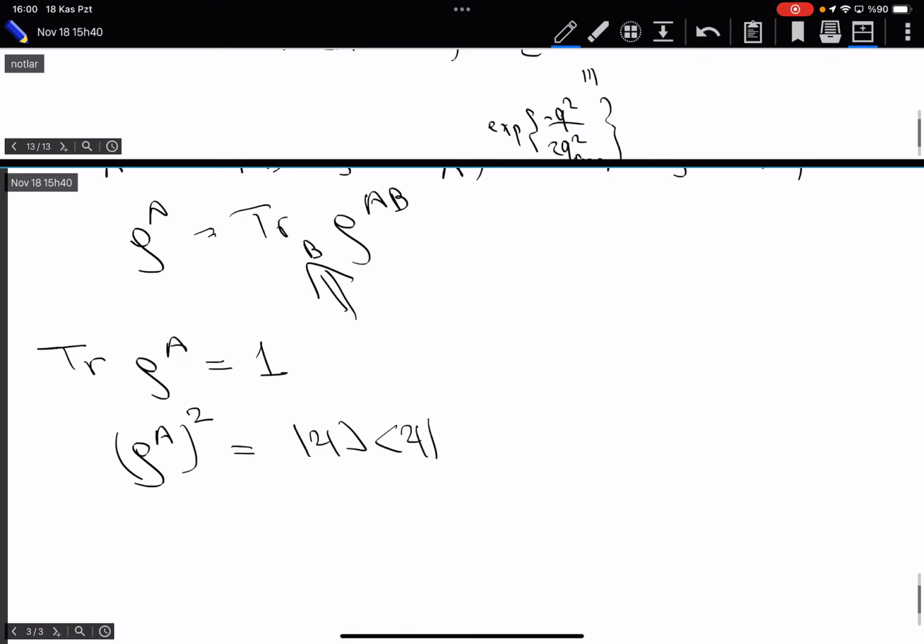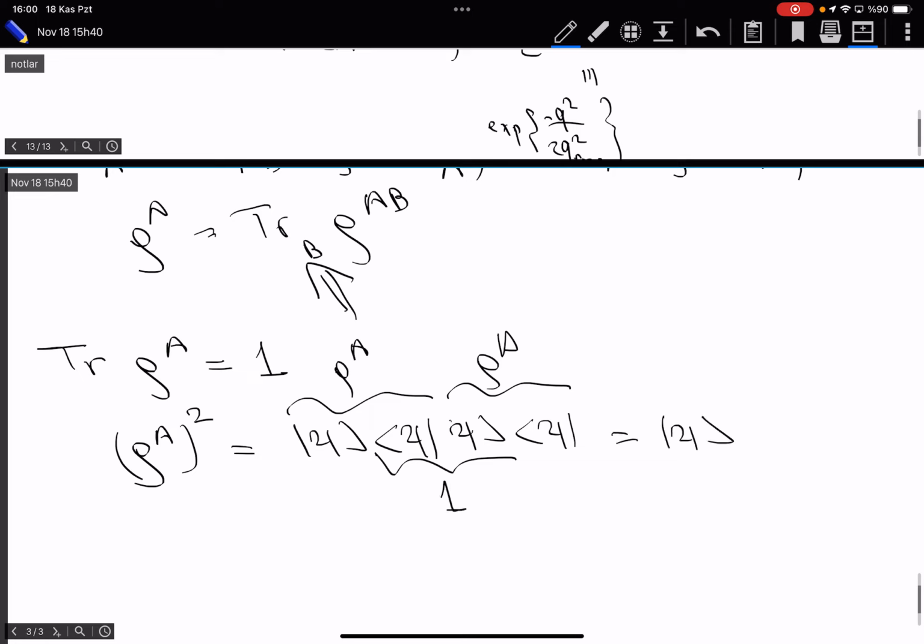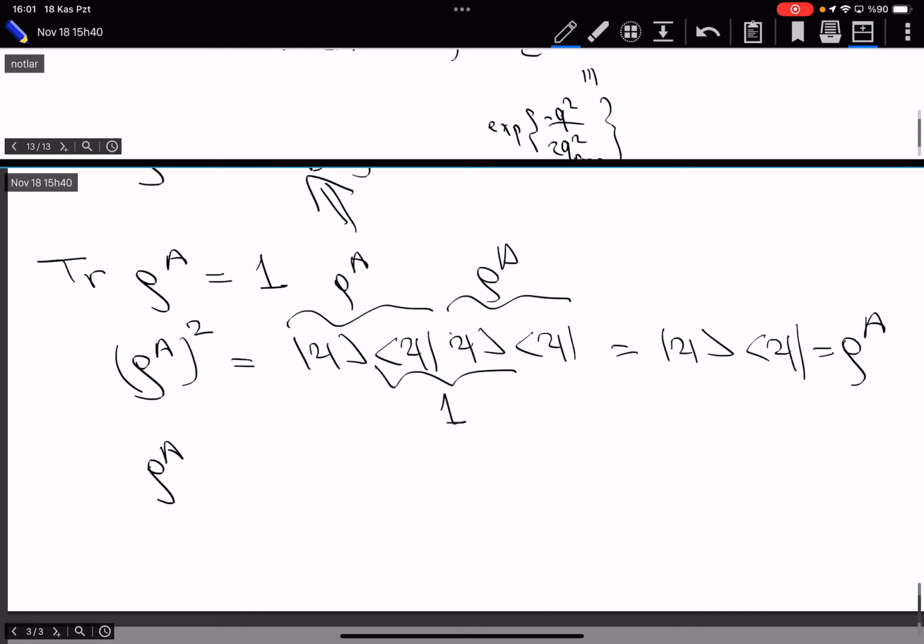This is rho_A, this is also rho_A, this is 1, which is just rho_A. So rho_A squared is equal to rho_A if and only if rho_A can be written in this form.